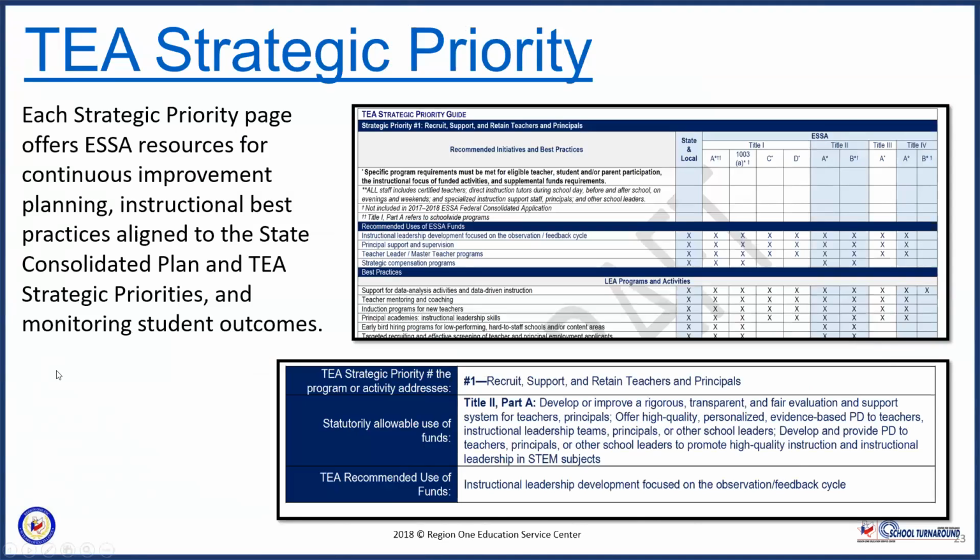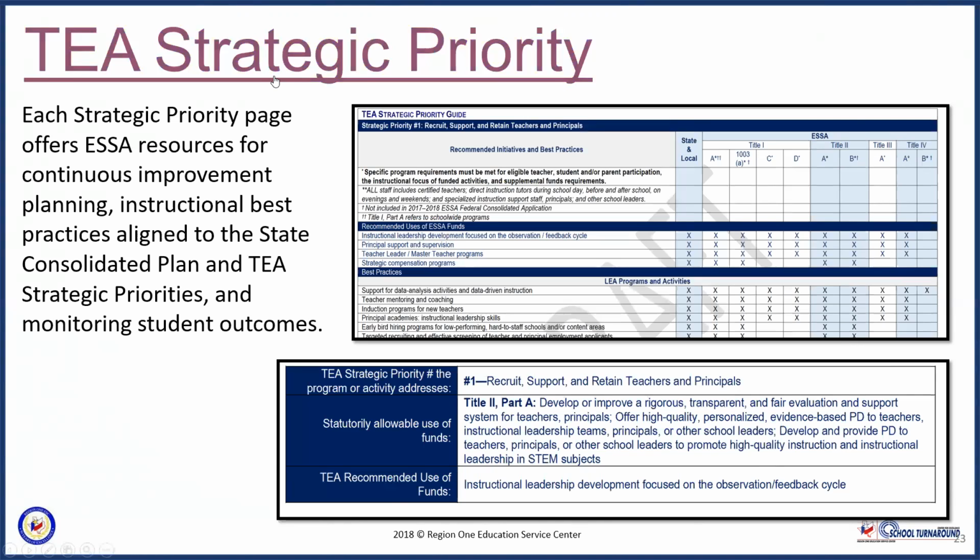Okay, so winding up here, I wanted to show you this. If you click on this from the PDF, I'm going to cross my fingers here. Okay, it will take you to it. Great, it works. I won't show you right now, but each strategic priority offers resources for the different strategic priorities that TEA has laid out.